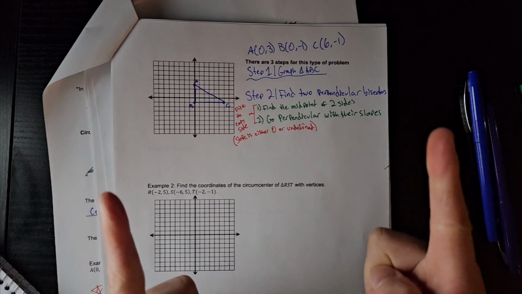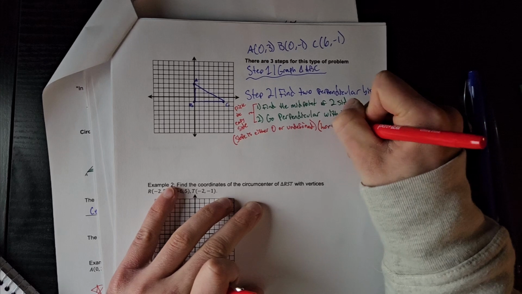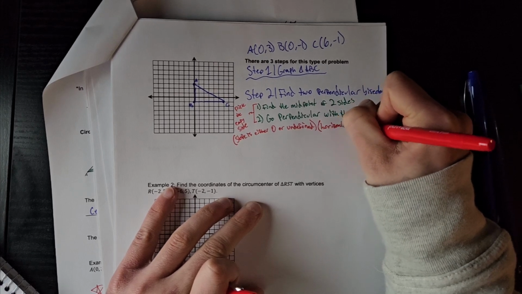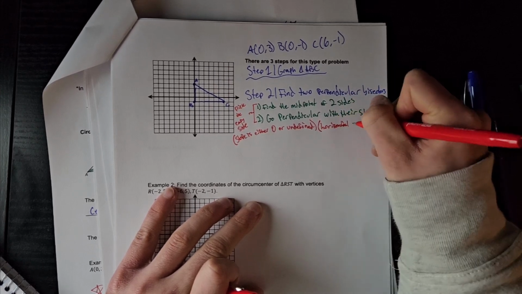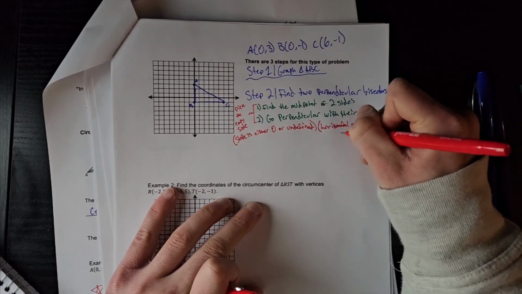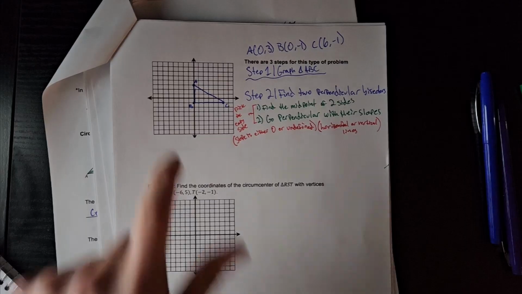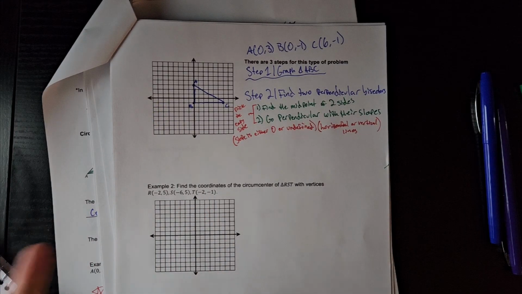Those ones are going to help you, so note that as well: horizontal or vertical lines. And luckily enough, we have a horizontal and a vertical line. Perfect.